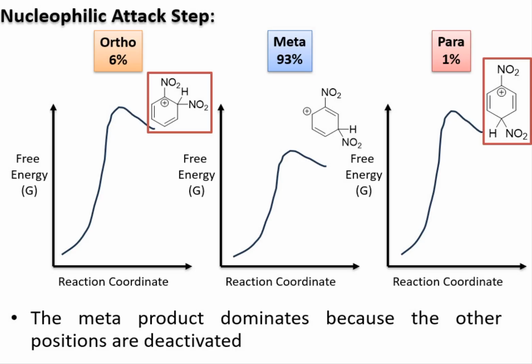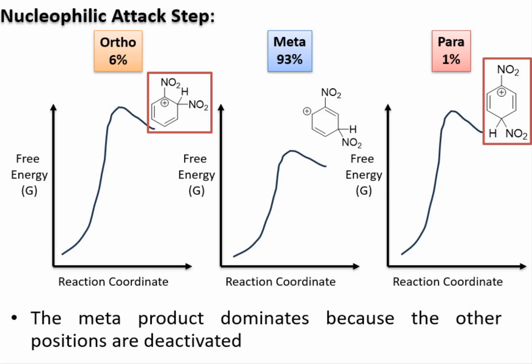Again, we can visualize this with free energy diagrams. So free energy on the Y, reaction coordinate on the X. Here we have on the left an ortho substitution. In the middle is meta, and on the right is para. You can see that both the ortho and the para have very high activation energies and very high energy values for that sigma complex intermediate.